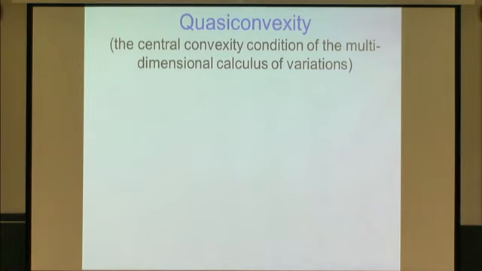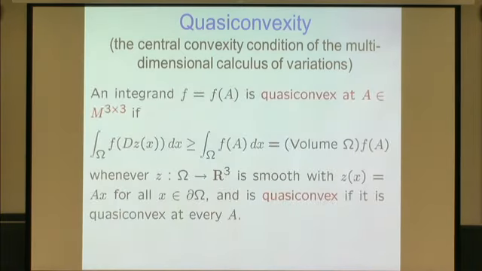Now the most complicated of these tools is quasi-convexity. In fact, nobody understands quasi-convexity, but it is nevertheless the central convexity condition of the calculus of variations. Here's the definition, so don't worry if it seems strange, because it seems strange to everybody.